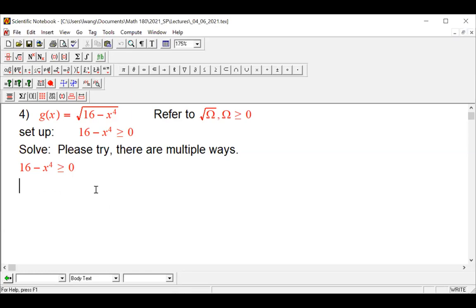And then the next step, of course he subtracts 16, he has negative x to the power 4 less than or equal to negative 16. The way he shows it, I'm going to put it here, minus 16, minus 16.